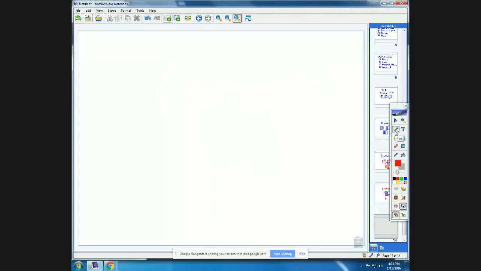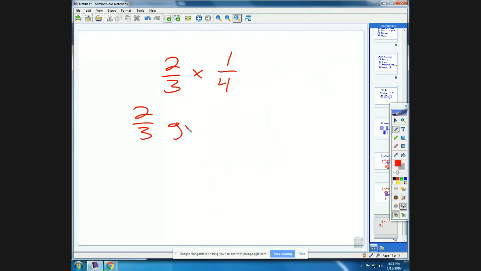How about, let's go with 2/3 times 1/4. So the physical interpretation of that is 2/3 groups of 1/4. Right? So what do I have to draw first?